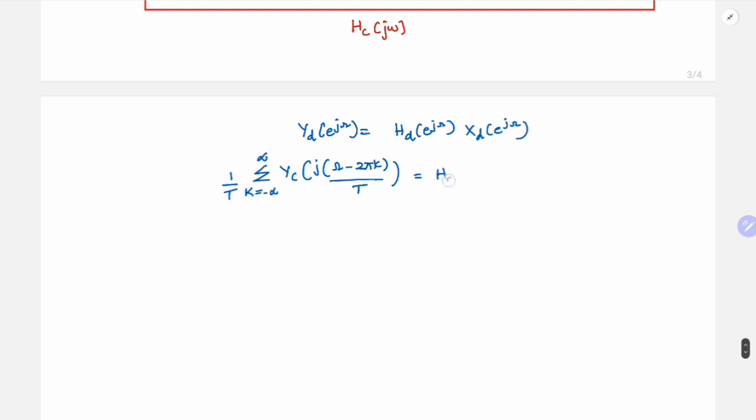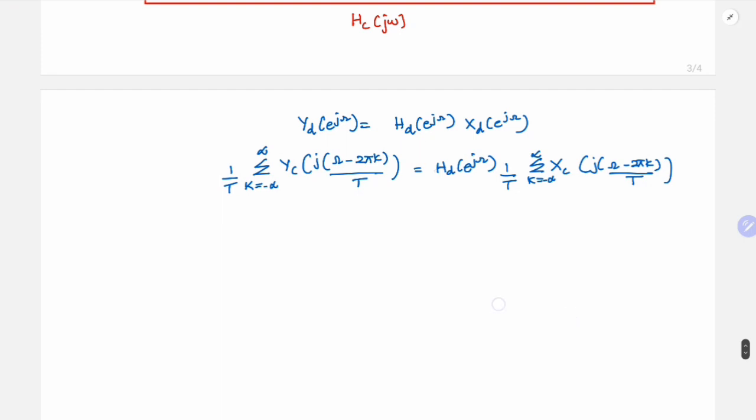Similarly, on the other side, I have Hd of e power j omega into 1 by T summation k equal to minus infinity to infinity Xc of j into omega minus 2 pi k by T. So I can relate each of these terms. This Hd of e power j omega I can take inside. So I have 1 by T summation k equal to minus infinity to infinity Hd of e power j omega Xc of j into omega minus 2 pi k by T.